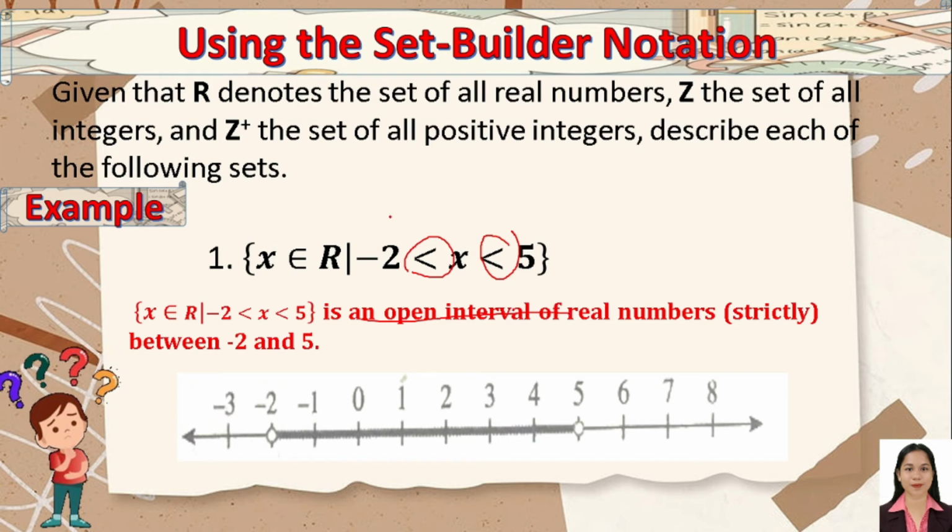We have here the graph, negative 2 and then positive 5. Sila yung magiging reference number natin. And they are not part of the elements, kaya naka-hollow circle siya. Okay, so yung nakapaloob dito, they are part of the element of X. So, ito lang po siya. X is an element of R.